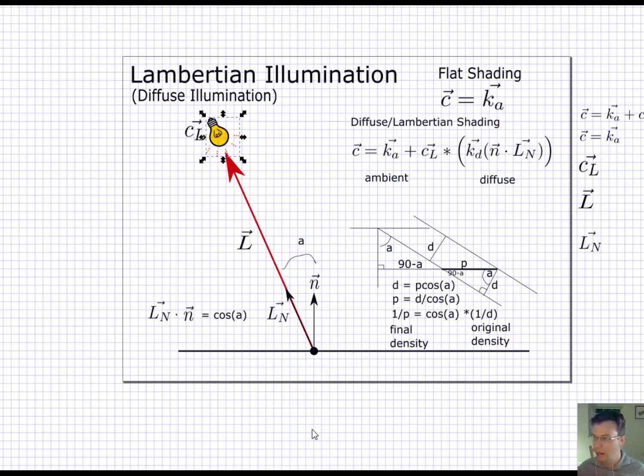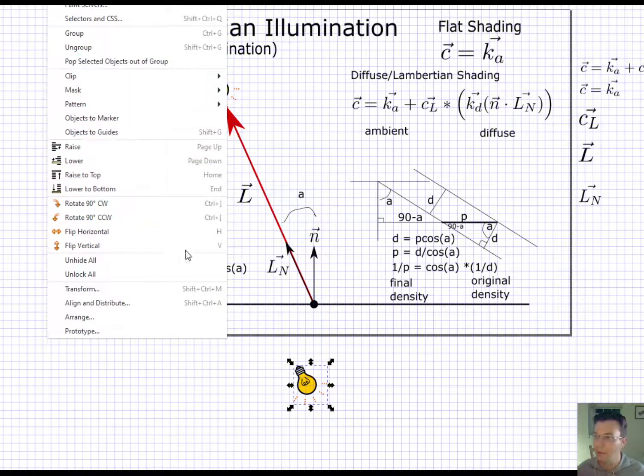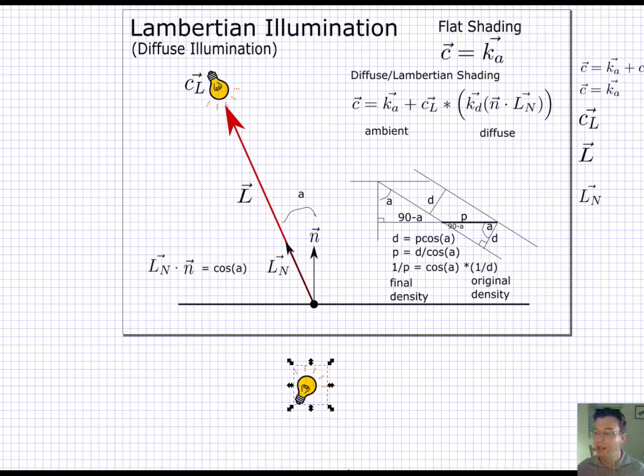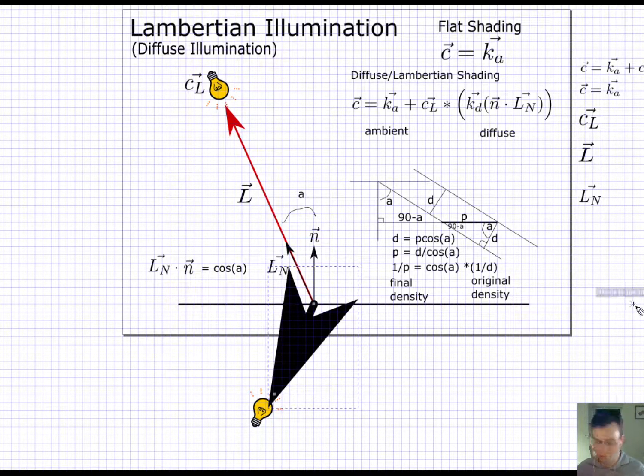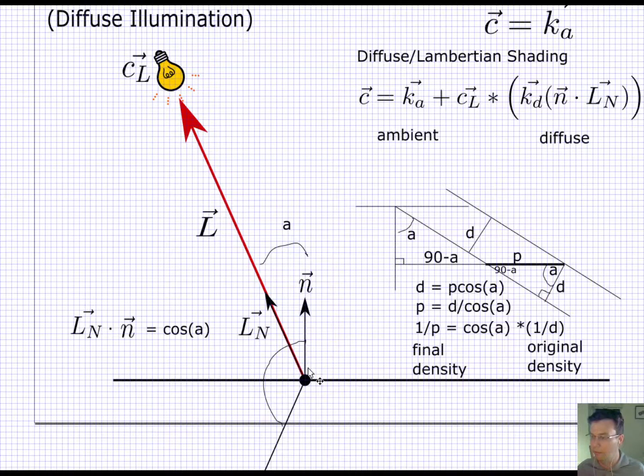If my light happens to be behind my scene, so let me flip this the other way, if I have a light that's behind my material, then you notice that this direction vector Ln, this is the Ln for that light, is going to make an angle greater than 90 degrees with n, so the dot product will be negative. But we actually don't want to light things on the back side at all. We only want to light things on the front side. This is why I had you do the above or below thing before.